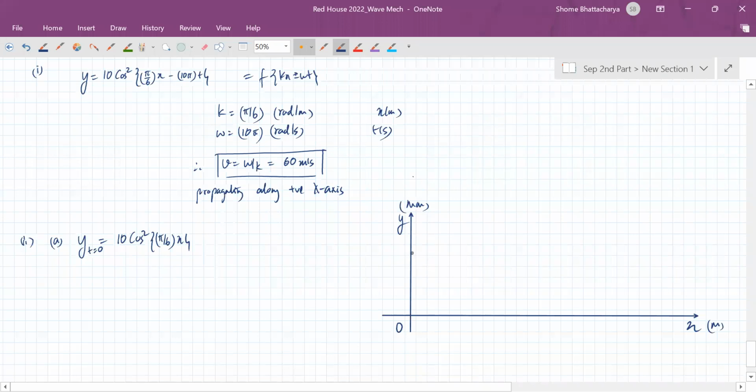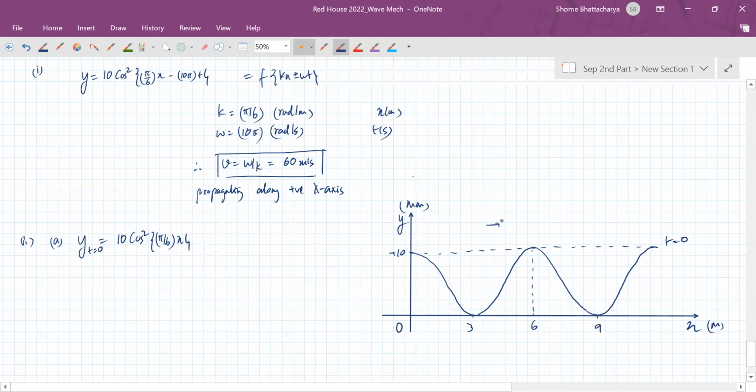At t equal to 0, that graph will look like a cos square graph. Typically something like this. You can see that this point is where the argument becomes pi by 2, so it's 3 meters. And this is where it becomes pi, so this is 6 meters, 9 meters, and so on and so forth.